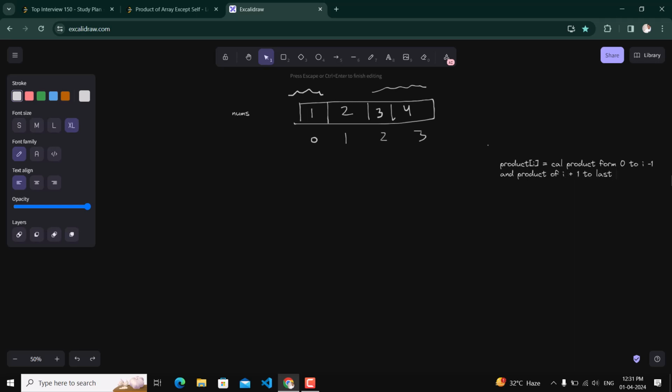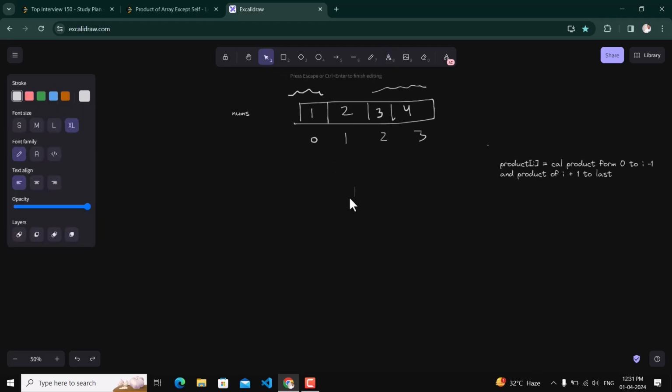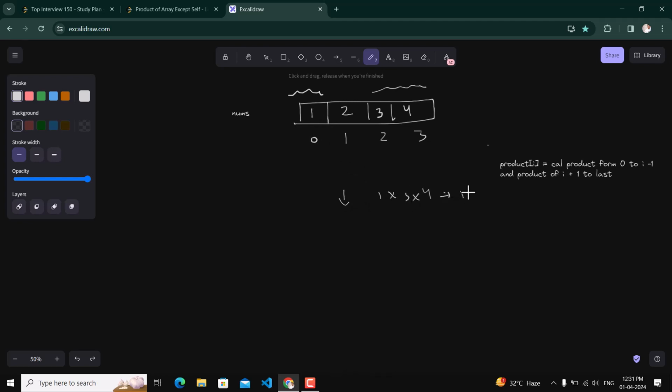This is the key. To have the answer for this particular index 1, we need the product of 1 into 3 into 4, so that is our required answer.